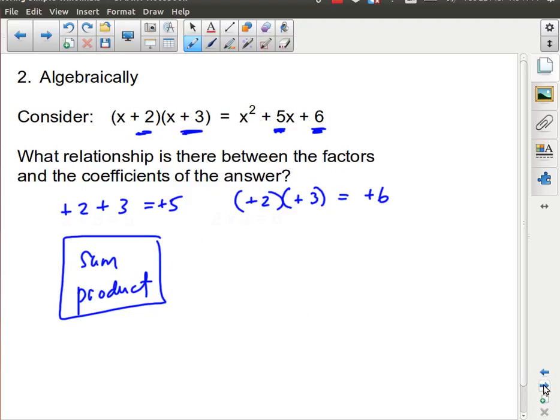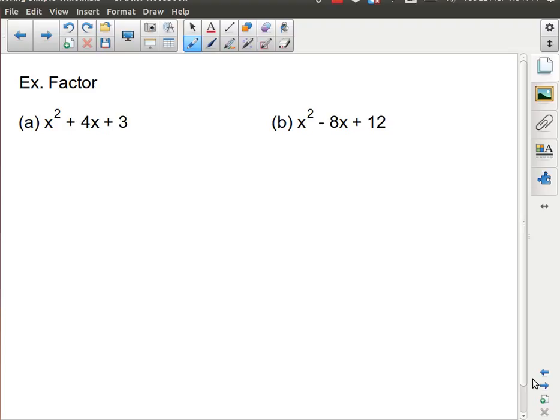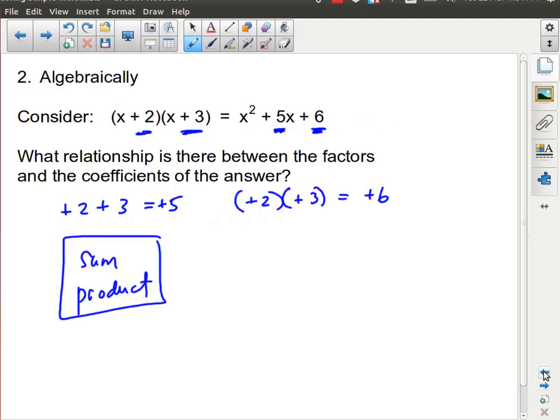So let's go on and actually do some examples here. Now there's a short form, but we'll do it the long way, we'll write it out. So we're interested in our sum. What is the sum that we want? Looking back at our original one, we want to add these two factors to add up to be 5. So this one is our sum, and the last one, the constant, is our product.